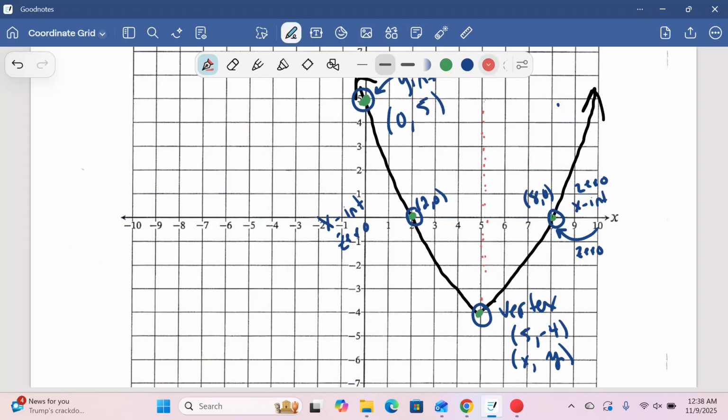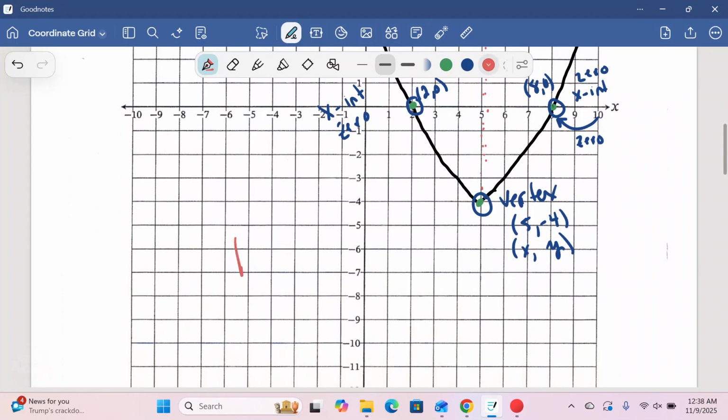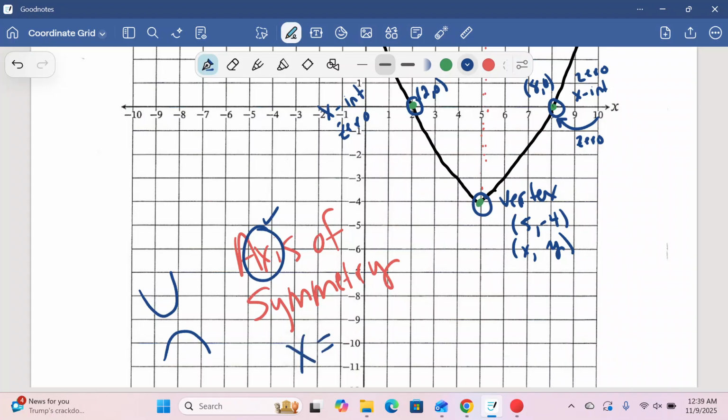So the way we gather what the axis of symmetry is, let me write it down. The way I teach my students to remember is I circle the x. Anytime you have a U shape going like this, or a U shape going like that, on an x and y axis, you have this trick: x equals the x value of the vertex.